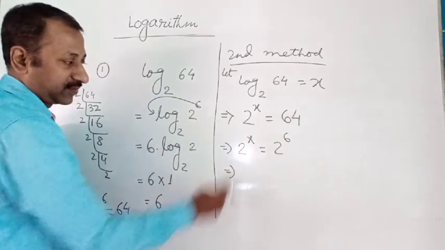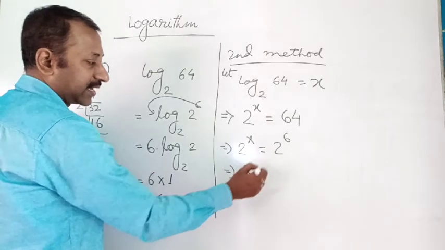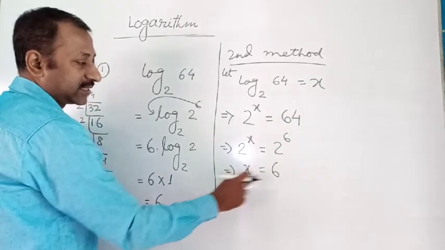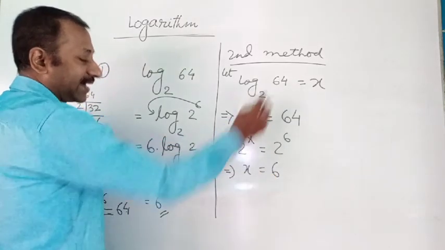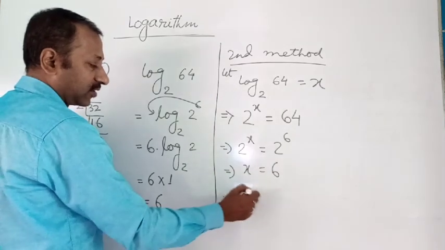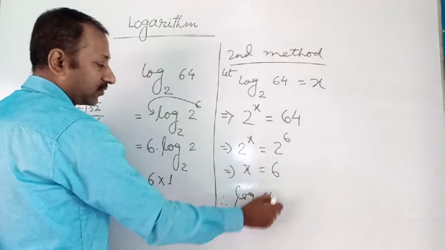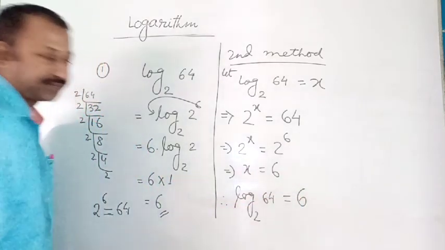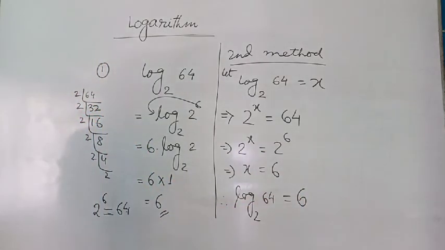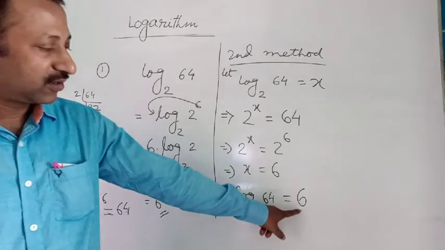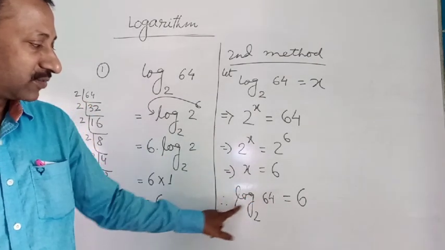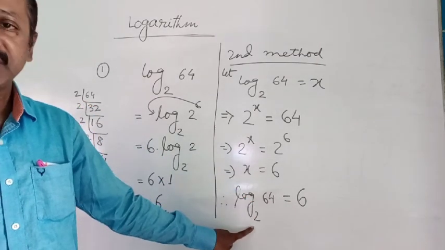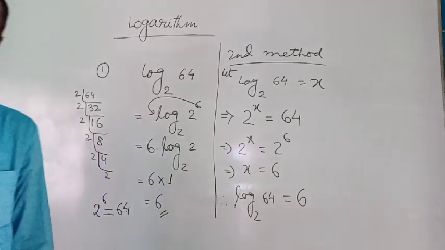Now the bases are the same, so the powers can be compared. So x equals 6. Therefore log 64 base 2 equals 6. Clear? So 6 is called the logarithm of 64 with respect to base 2.